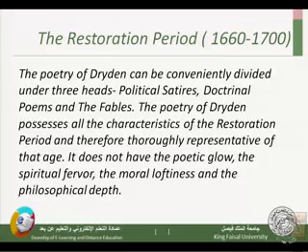The poetry of Dryden can be conveniently divided under three heads, and you also need to bear in mind this division of the poetry of Dryden. Again, it can be divided under three headings, three titles. The first one is the political satires.